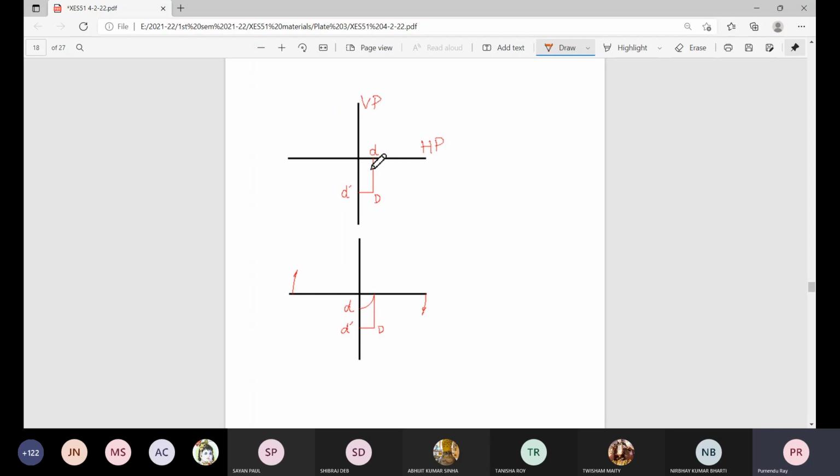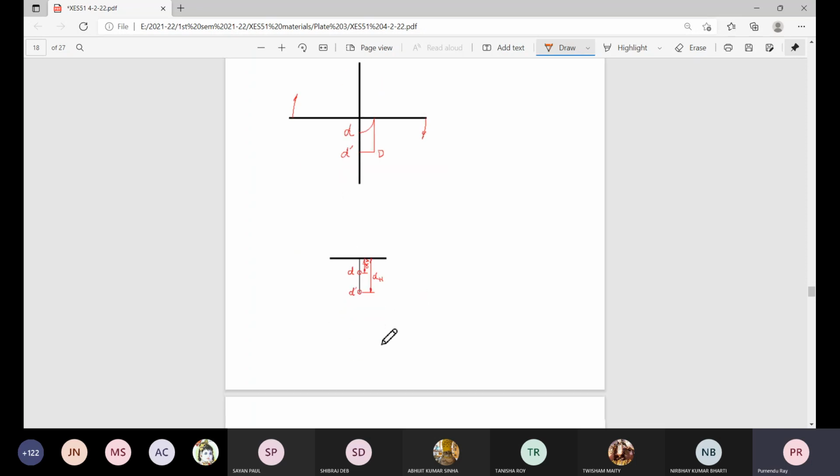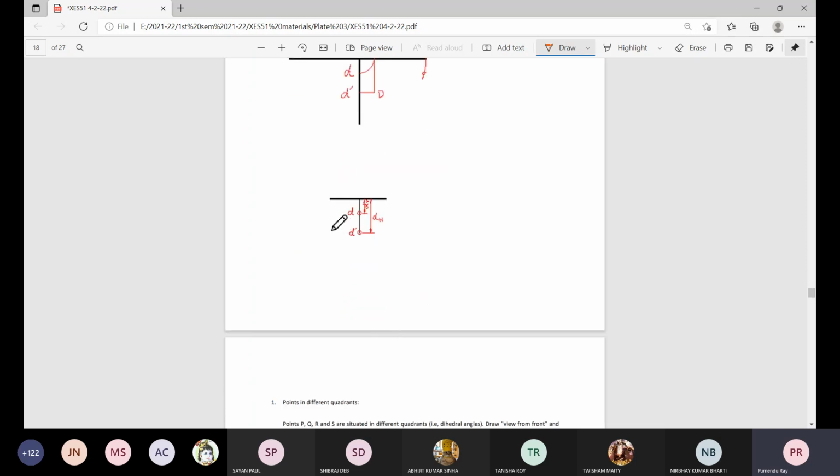So from this location, D travels through this quarter circular arc and meets the vertical plane at point small d, for the real point capital D.